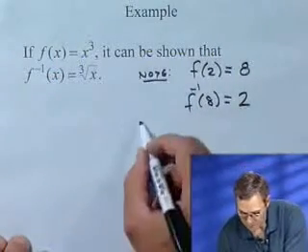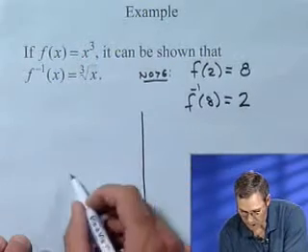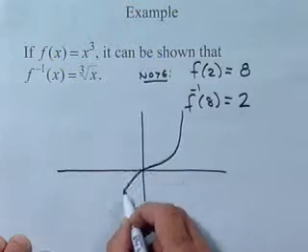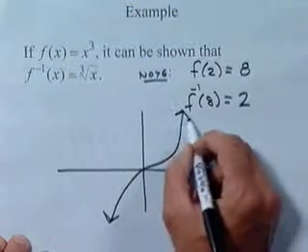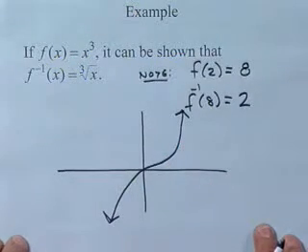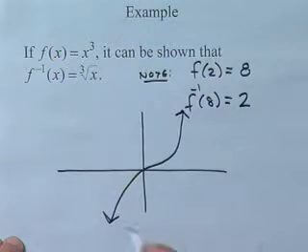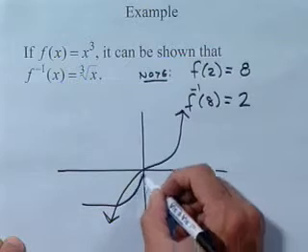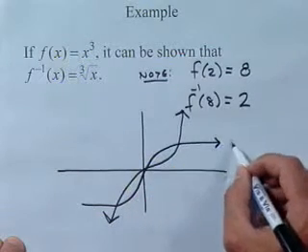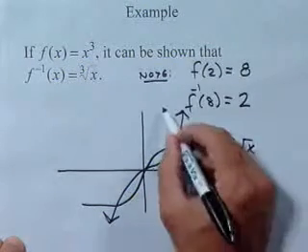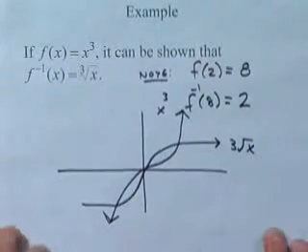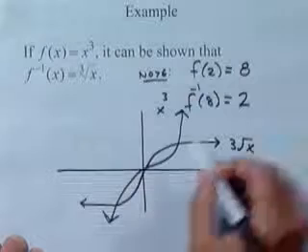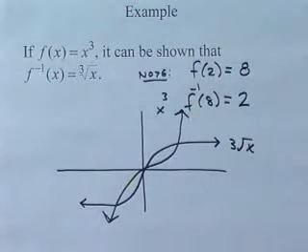Now, if you know what the sketch of x cubed looks like, it looks something like this. If you wanted to plot some points and plot the cube root function, it looks something like this. You can go ahead and plot some points and show that. But notice, there's a really nice feature here.